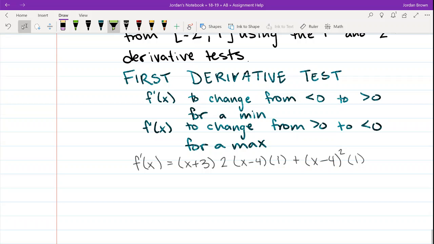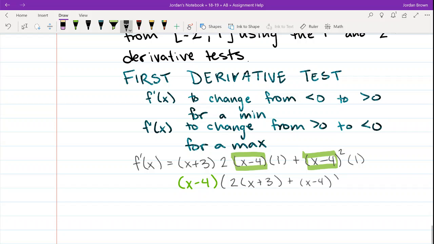Okay. So now what I'm going to do is make my life easy by noticing each of these has an x minus 4 term that I can factor out. Yes, you could also multiply it out and then take the derivative, but I like living my life expediently and not taking my sweet time about things. So if I take out the x minus 4, then I'm left with 2 and the x plus 3, and just 1 x minus 4 left.